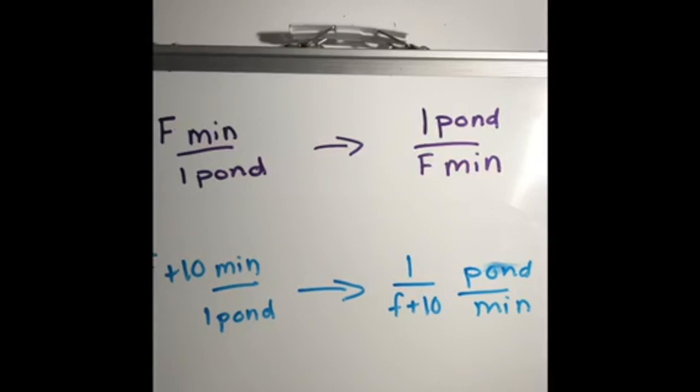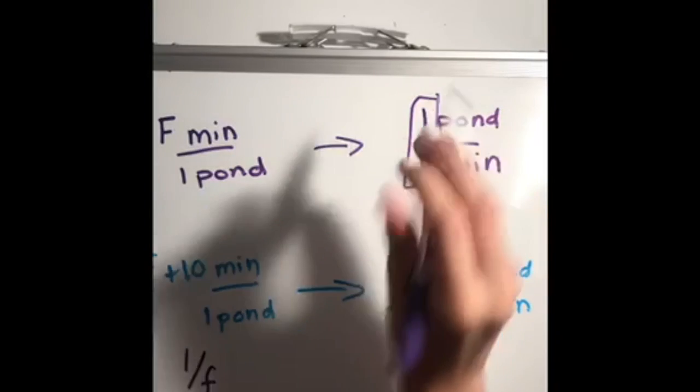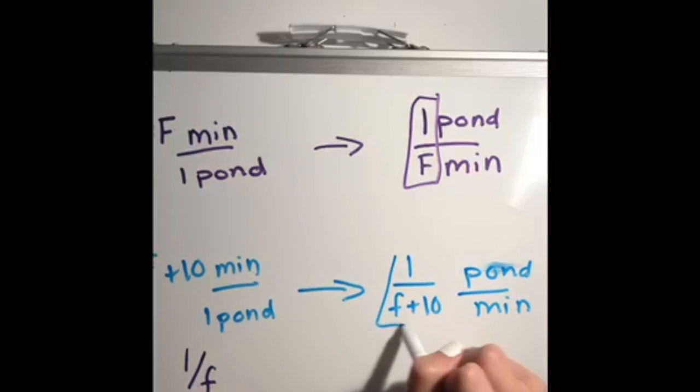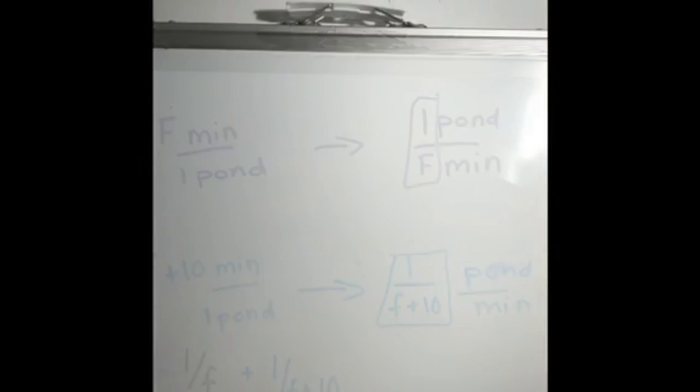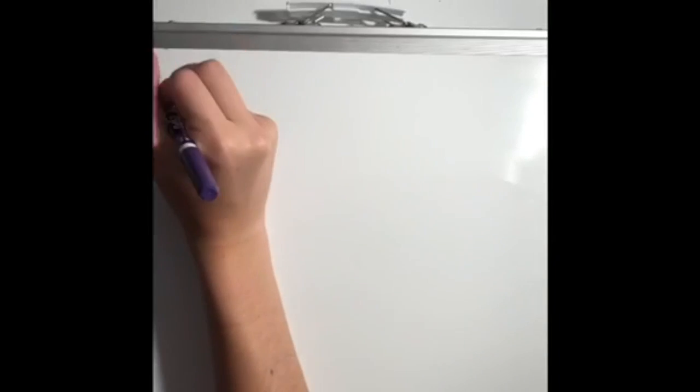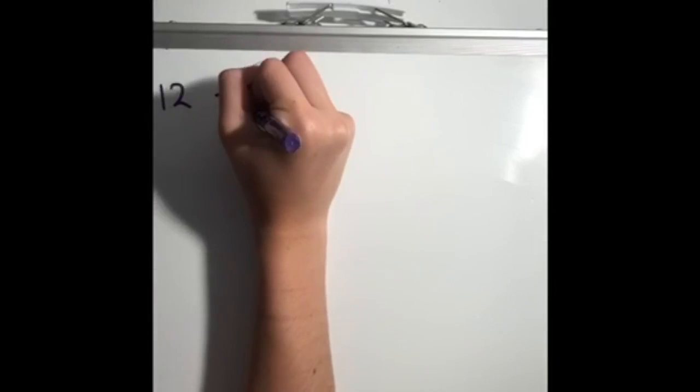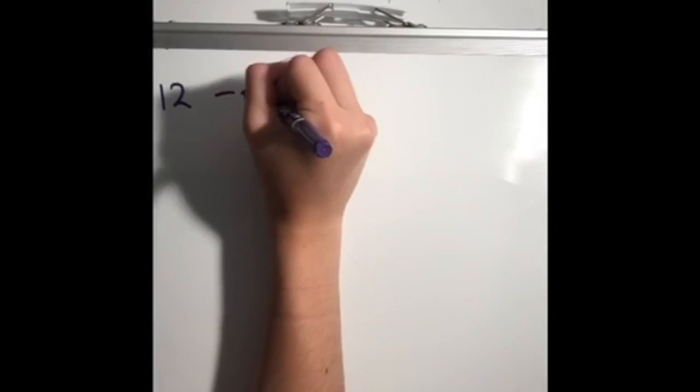So now we want to make these 2 equations into one. So it will be 1 over f plus 1 over f plus 10. We know that it takes 12 minutes to fill one pond with both of the hoses.